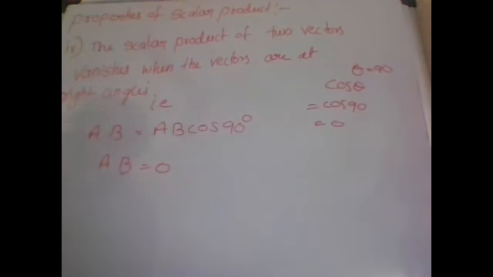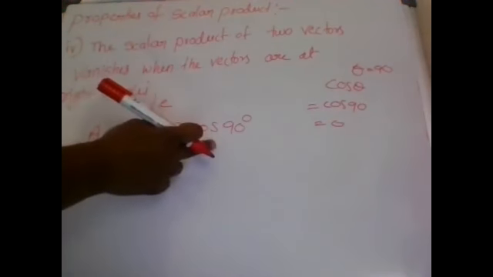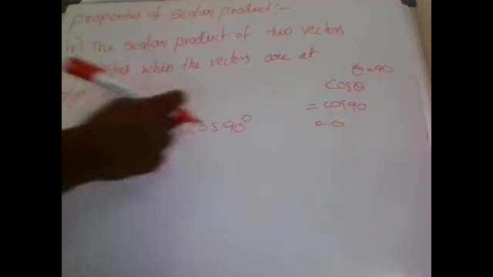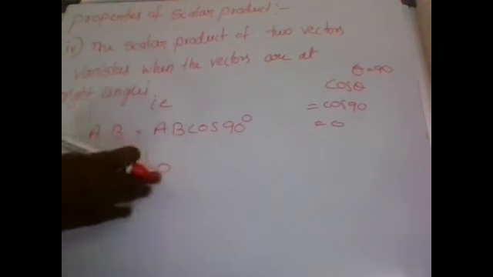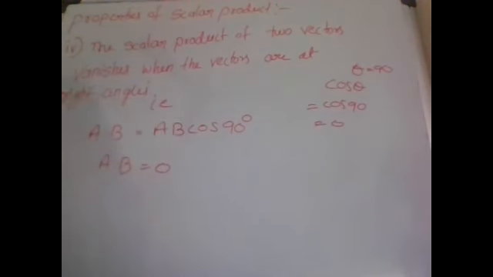So what is the fourth property? The scalar product of two vectors vanishes when the vectors are at right angles. Right angles means theta value is 90 degrees, cos 90 is 0. So we have A dot B equals AB cos theta. When we substitute 90 degrees, we get A dot B equals 0. So from this we can say that vectors A and B are both perpendicular.